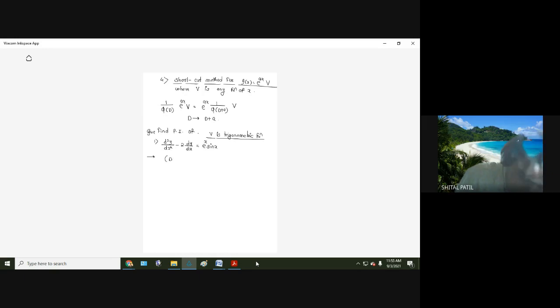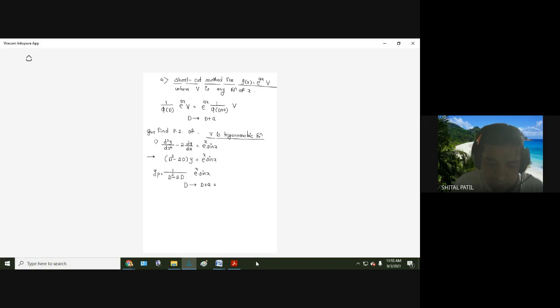So it is, replace d by d plus a. What is the a?